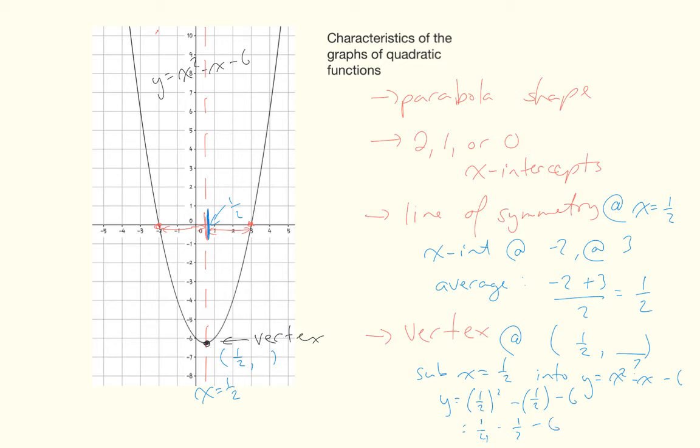Well, 1/4 minus 1/2 is -1/4, and -1/4 minus 6 works out to -6 1/4. That's one way to put it. So we know that our vertex coordinate there is (1/2, -6 1/4).